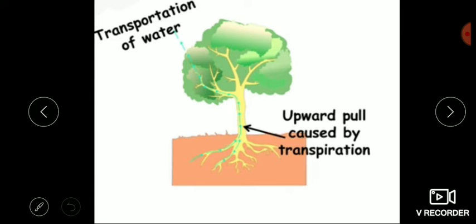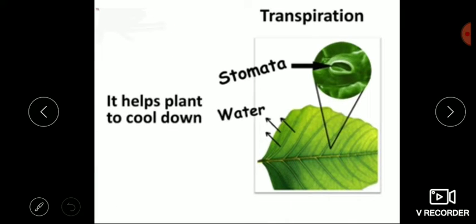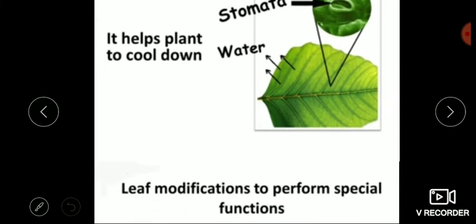This upward pull for transportation of water and minerals is caused by the transpiration process. Transpiration also helps the plant cool down because leaves lose water.